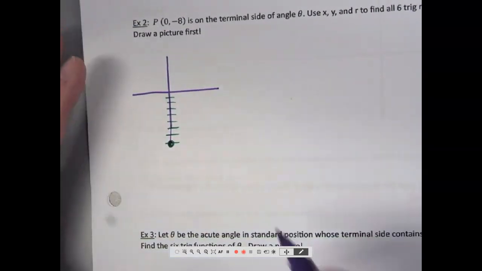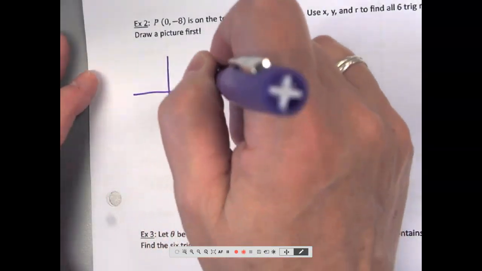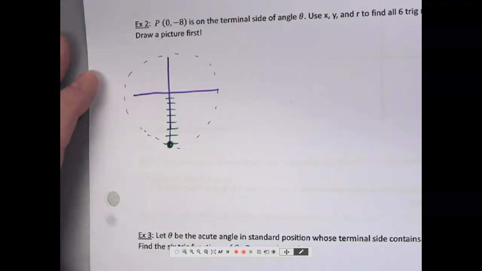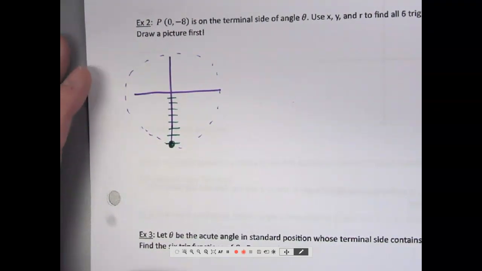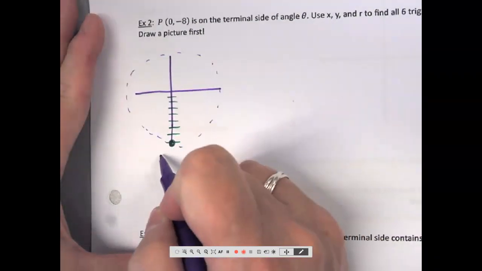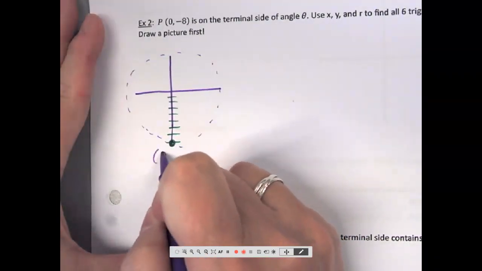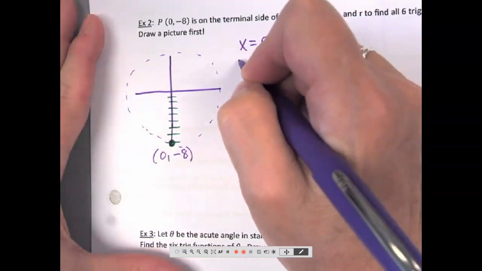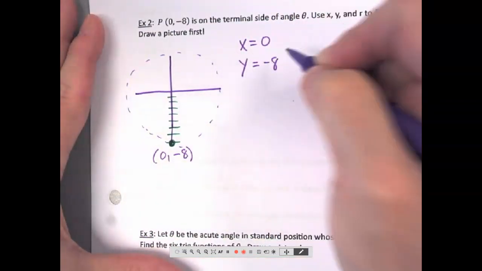Okay, imagine that there is a circle, maybe a little more circular than I drew, but there is a circle containing that point. Okay, x is 0 and y is -8. And I know that just strictly from the ordered pair.